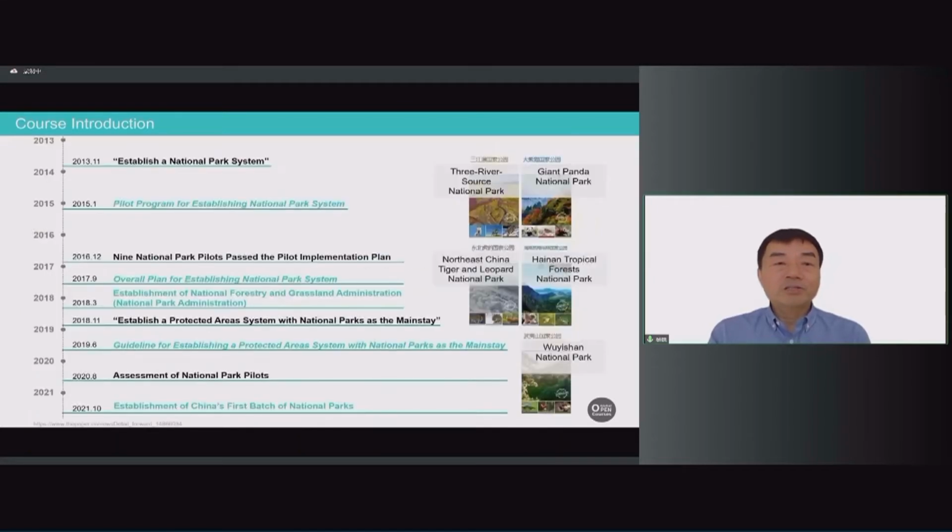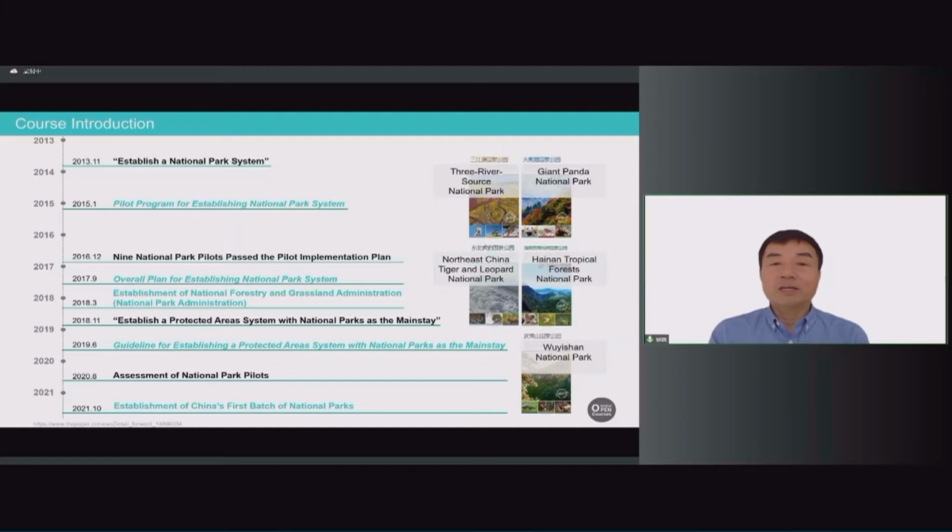I am so glad to know that the Chinese government would like to establish national parks in China in 2013. And in 2018, it expanded from national parks to a protected area system with national parks as mainstay.